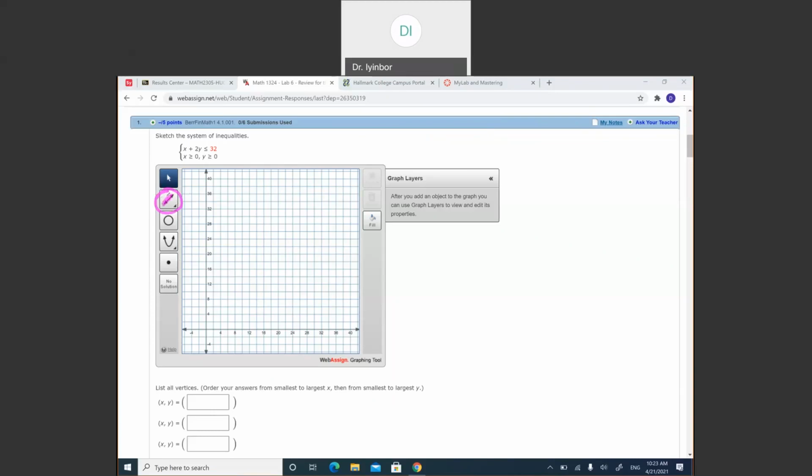After that you have to pick 2 points, and first you're going to graph the equation x plus 2y equals 32. In order to graph that, I need 2 points, but we're not clicking on the point down here. You need to click on the straight line because you're going to graph a straight line.